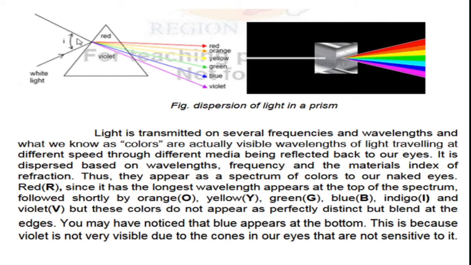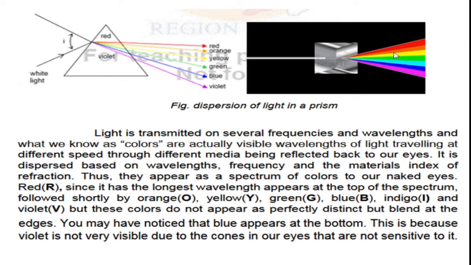So this is the picture of the prism. This triangle is an example of a prism. The white light from the sun passes through the prism and undergoes dispersion of light. So we have red light, orange light, yellow light, green light, blue, and violet light.